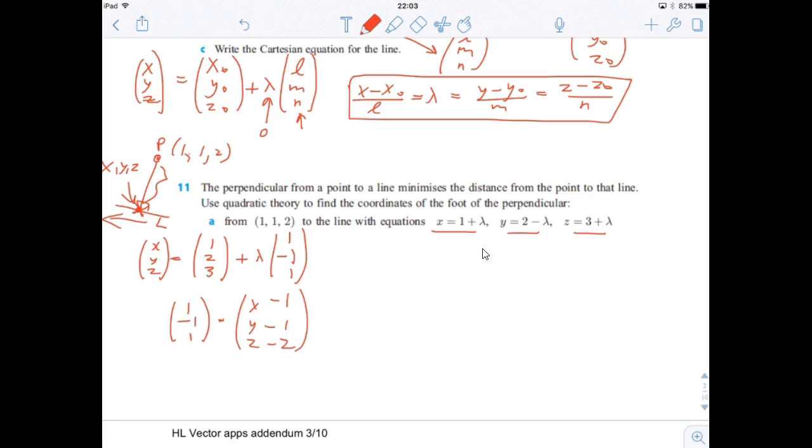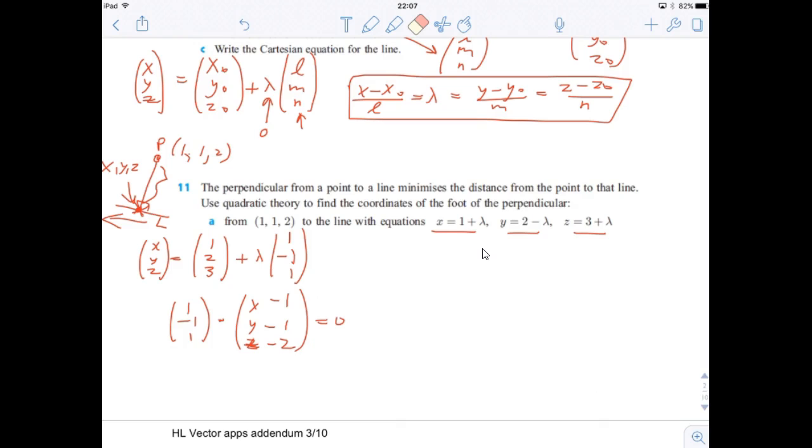If I take the P point and subtract it from the foot point, that gives me that expression. Then I take the scalar product with 1, negative 1, 1, and that should give me 0, because they should be perpendicular to each other. Normally one way to do this is to do the scalar product and use this equation to figure out the value of lambda that makes it 0, but this time it tells us to use quadratic theory.